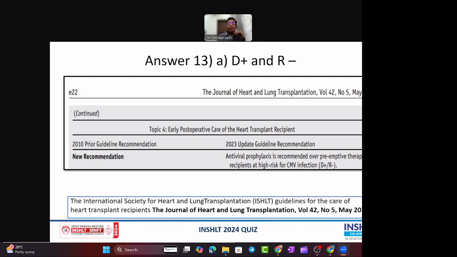When the donor is positive and the recipient is negative, it means the recipient has never been exposed to CMV and has no IgG. That is the highest risk of developing CMV in the recipient, because the recipient has no pre-existing antibodies against CMV. So donor IgG positive for CMV and recipient negative is the highest risk factor for developing CMV infection post heart transplant. This is also given in the 2023 guideline. Next, please.